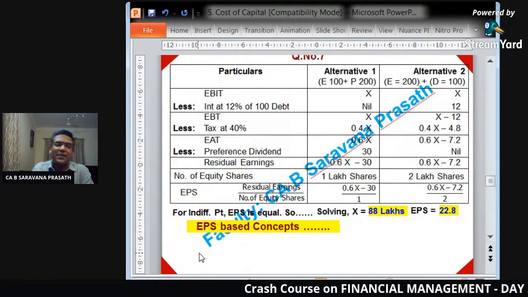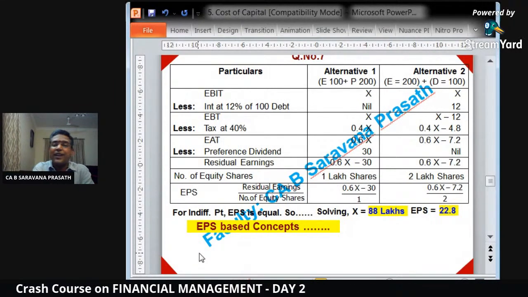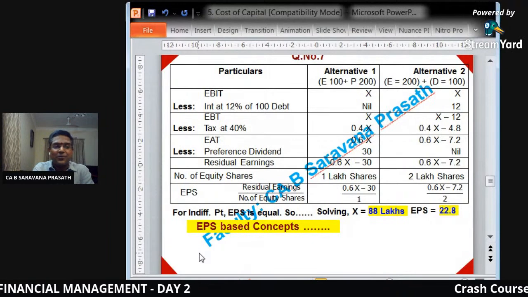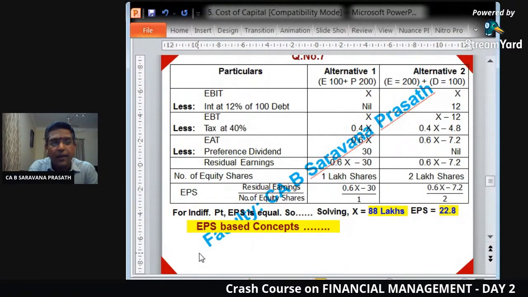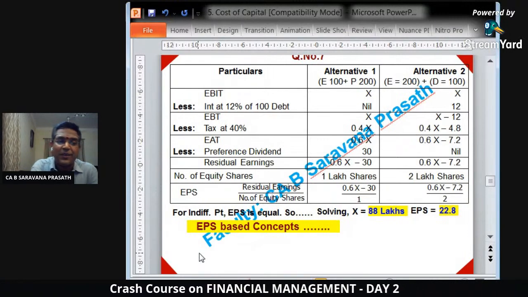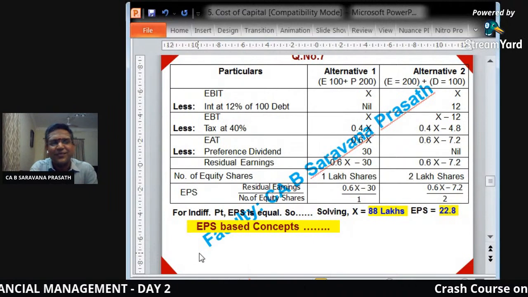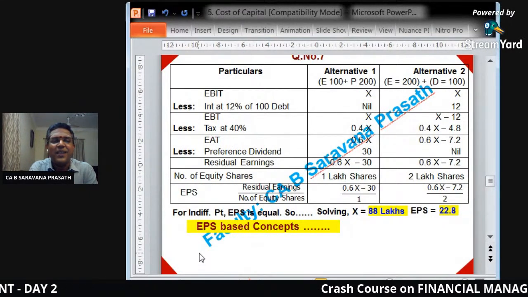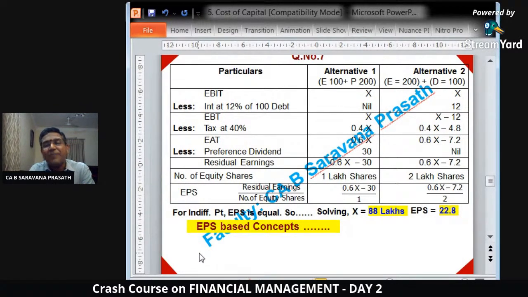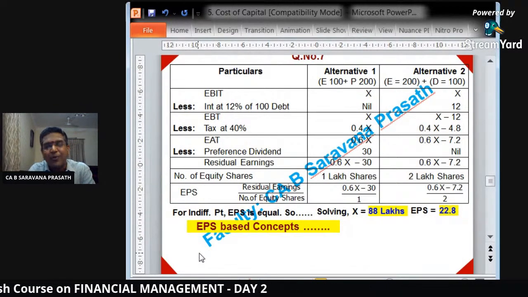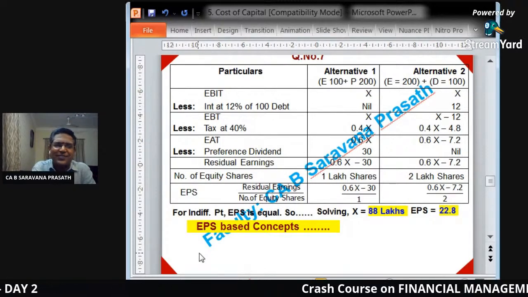In the second case, 0.6 into 88 minus 7.2 divided by 2. That gives you again 22.8. So at EBIT of 88 lakh, both the options will result in the same EPS, and therefore the company will not bother whichever option is chosen.